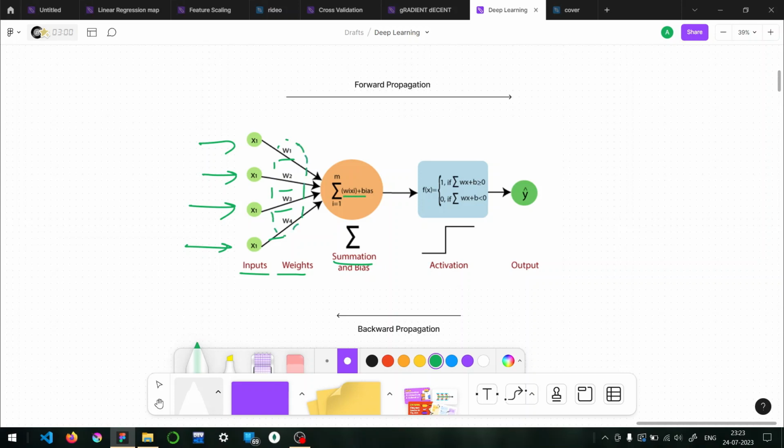Then after doing the addition, we get our bias introduced. Okay. Then after that, this function gives the output to the activation function. Okay. Then according to the type of activation function, it will give some certain output that will be our predicted value. Okay. So this is all about the perceptron.